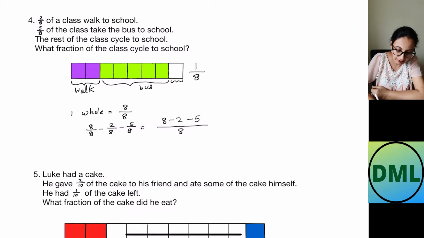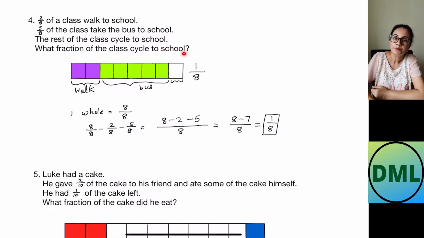As we can see, minus 2 and minus 5 are with the same sign, so that must be added. 5 plus 2 is how much? 7. Let's write 7, which will be equal to 8 minus 7 divided by 8. 8 minus 7 is 1. 1 over 8. That will be your answer. That means 1/8 of the students cycle to school.